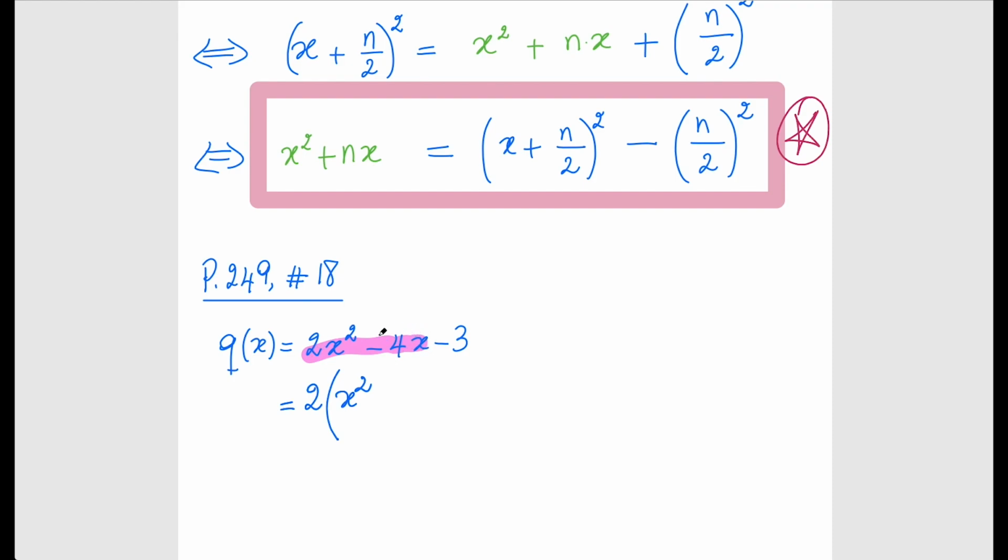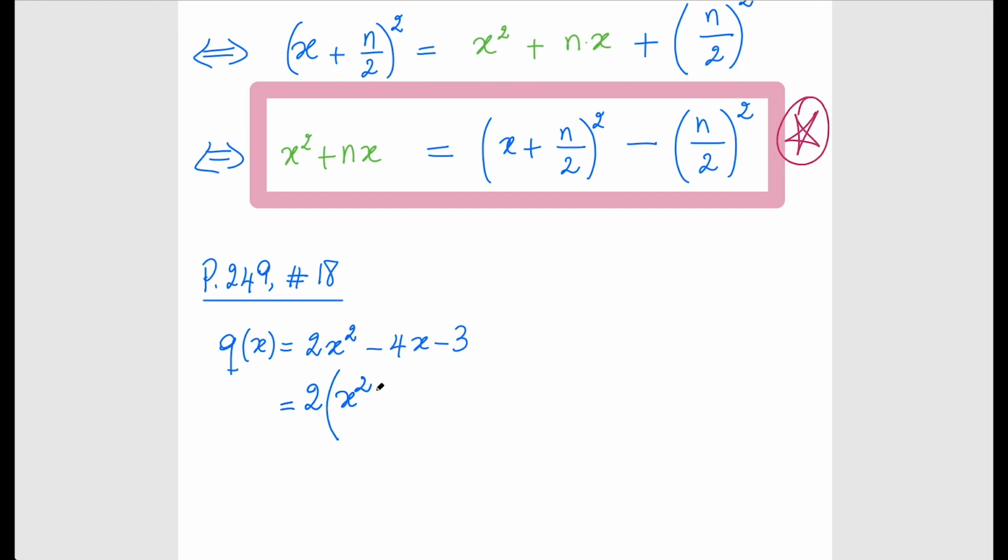So I'm going to factor the 2 from the first and the second term, because those two terms algebraically look like this, right? Up to understanding what n is. So one more time, I'm focusing on this part, but I would like the coefficient of x squared to be 1 so that star can be applied. And to do so, I'm factoring out a 2 so I can make this guy a 1. And let's discover what n becomes.